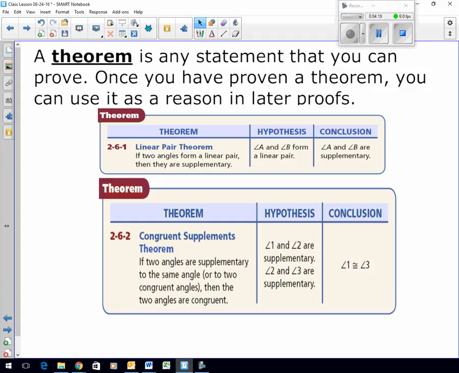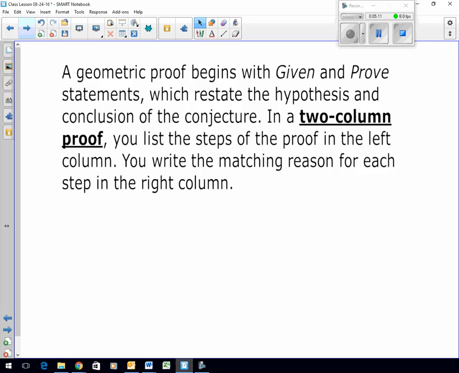You need to write linear pair theorem and congruent supplements theorem. I'm moving on. I'll come back to it.